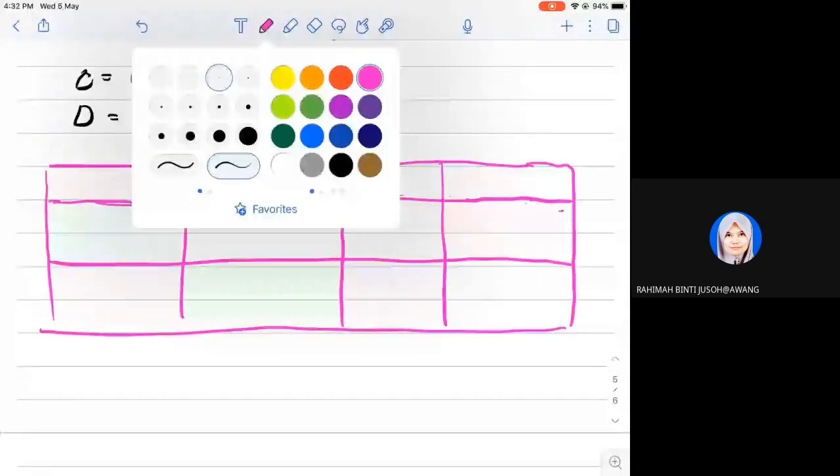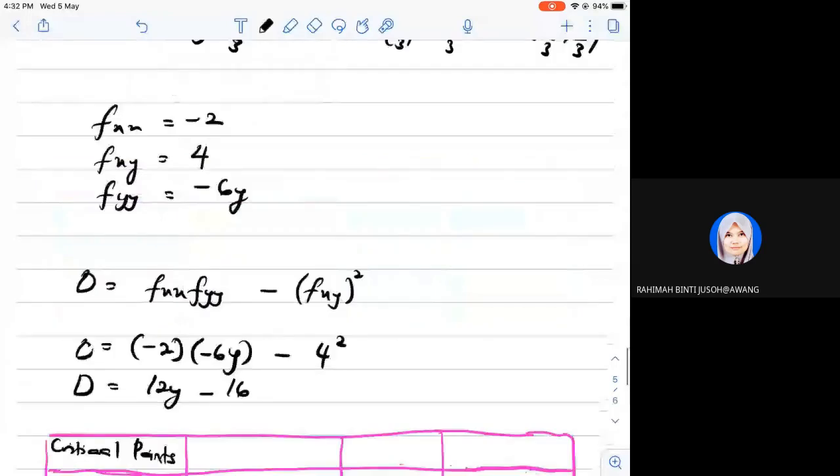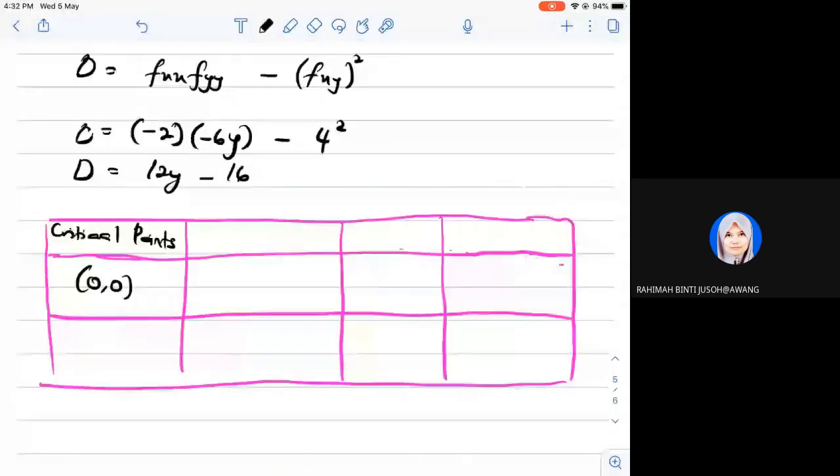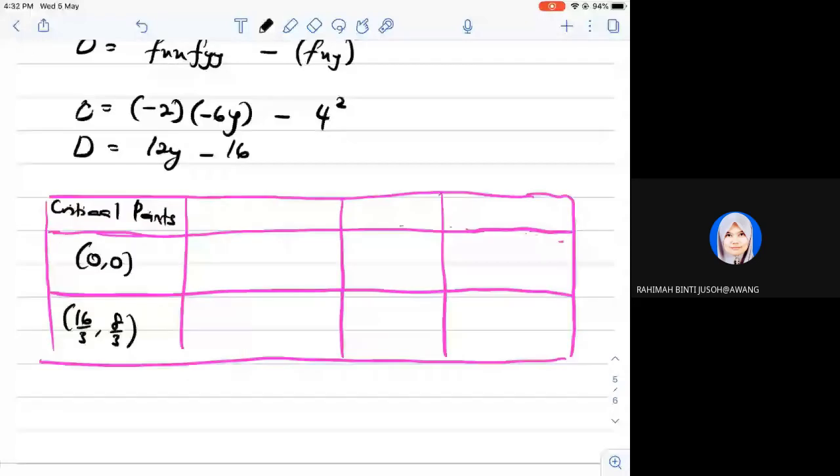Critical points. Kita ada apa tadi? 0, 0, 16 over 3 and 8 over 3. Okay. Lepas tu kita kena calculate D. Kita kena tengok fxx. Lepas tu conclusion lah.